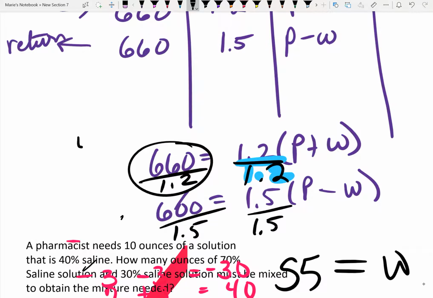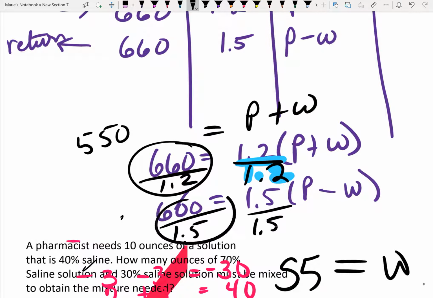This results in 550, and that's equal to P plus W. This results in 440, and that is equal to P minus W.